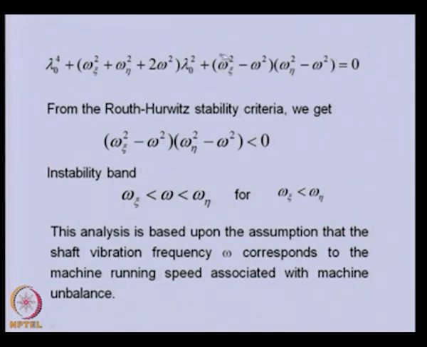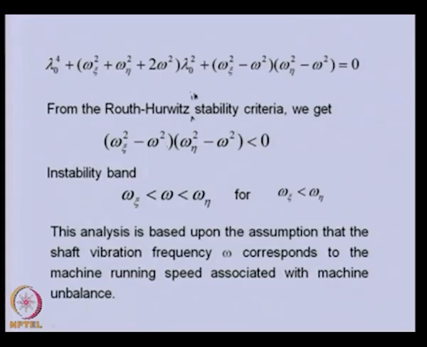This term should be positive, then only we can have stability. If it is less than 0, that means this will be negative, and the system will be unstable. So this is the condition for instability.